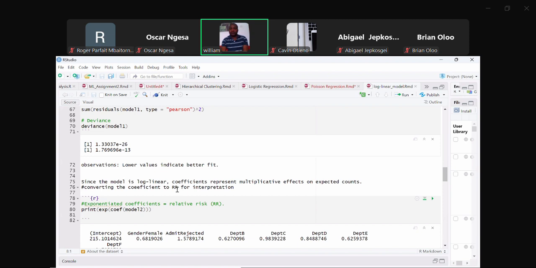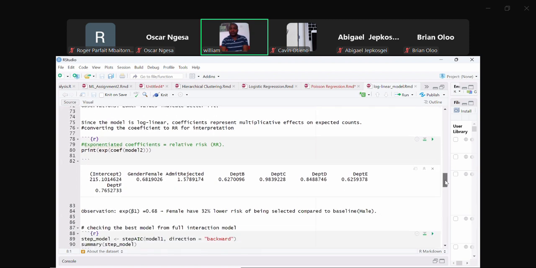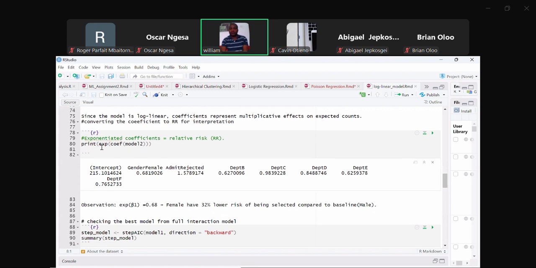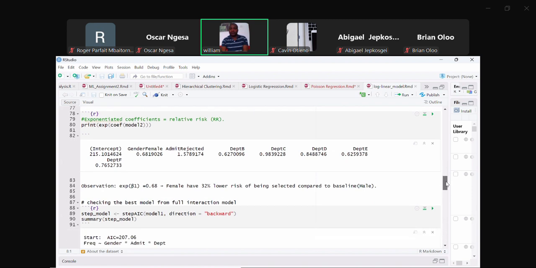So this is a risk ratio, which is similar to incidence risk ratio, the one we saw earlier, for interpretation. So we have to change everything into RR. And this is exactly what we are doing, the same exponential, then coefficients, and then we just put the model. Then this one will also give us the same information when you are interpreting.